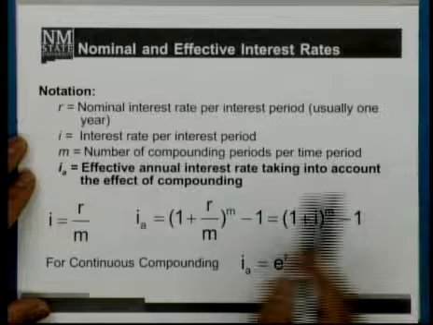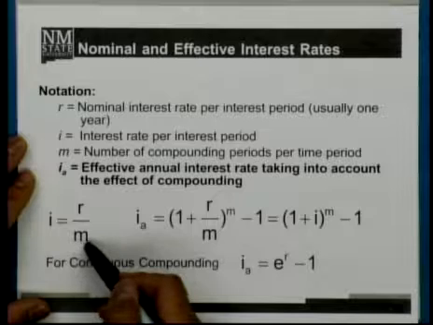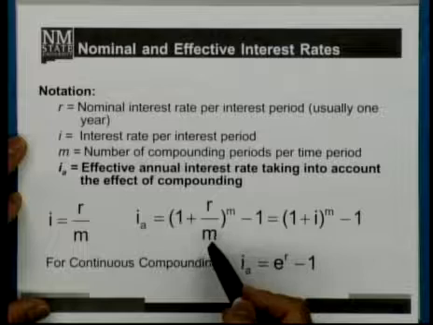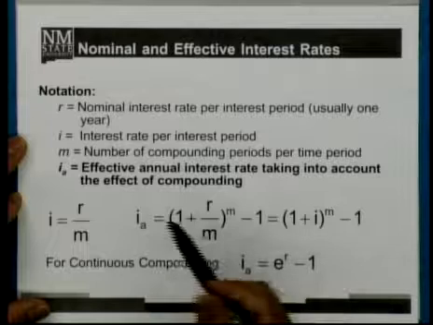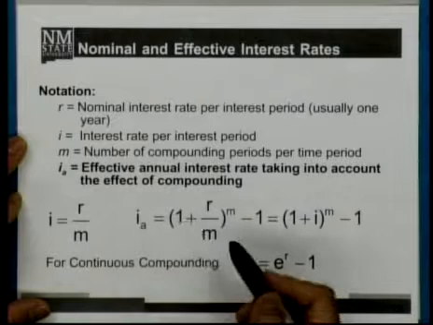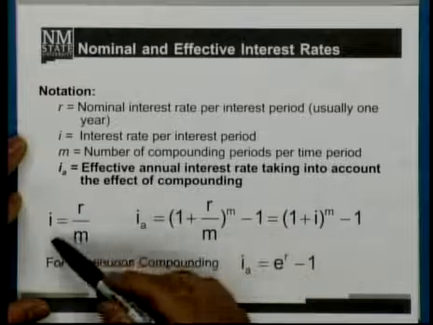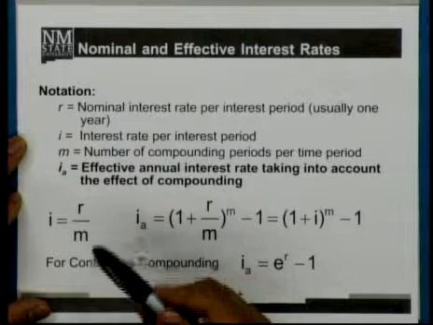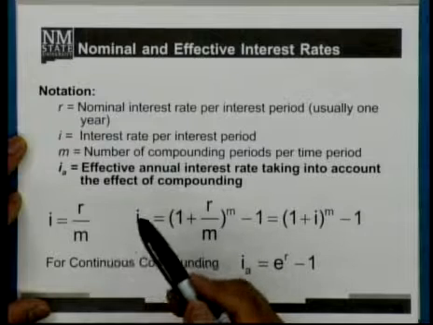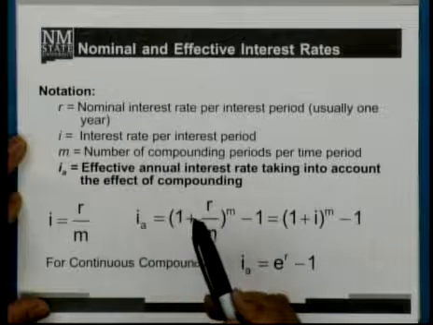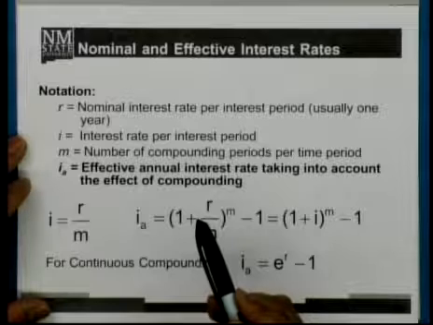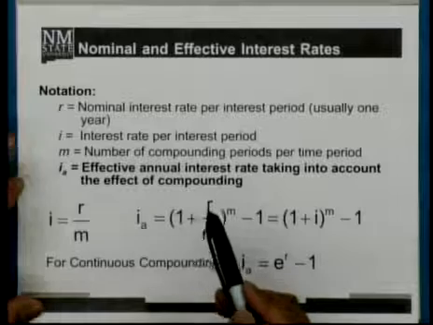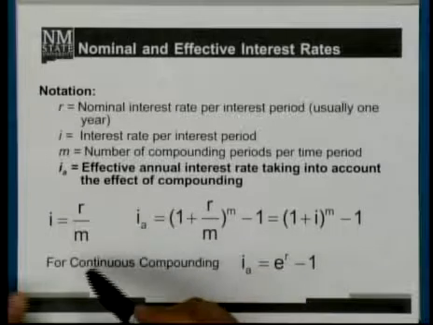And here, if m equals 1, what happened? If m equals 1, then this i becomes r. So we may say that the nominal interest rate is equal to the effective interest rate if a nominal interest rate is compounded annually.